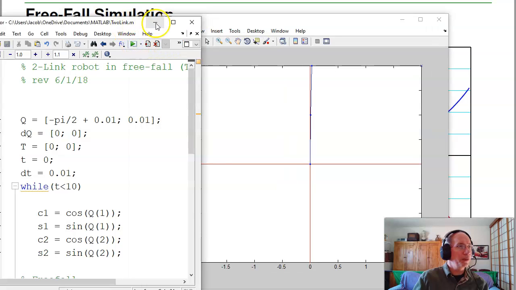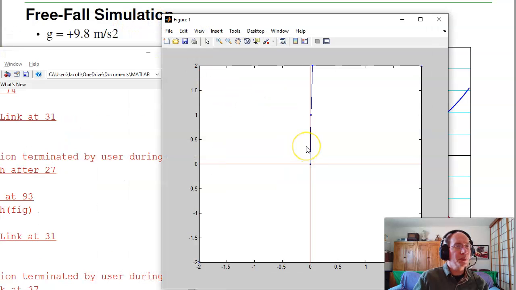And if you give it a small initial condition, let it go, it falls. It's unstable. Oops, I think I still have friction on the first link. But anyway, it falls, it's unstable.